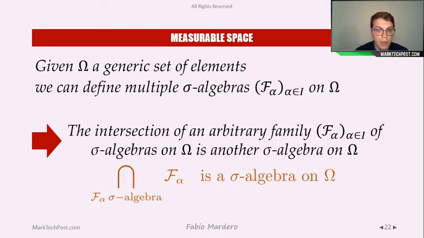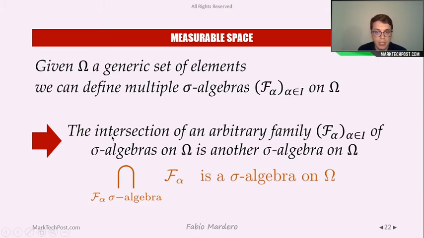And to do this, we will start by taking a generic set of elements, omega, and we will define multiple sigma algebras on omega. It's the same as in the topological space. We can define multiple sigma algebras on a generic set of elements.